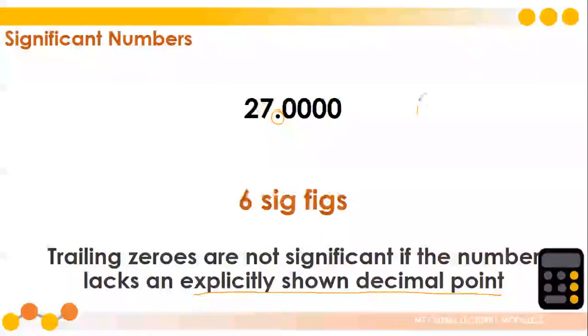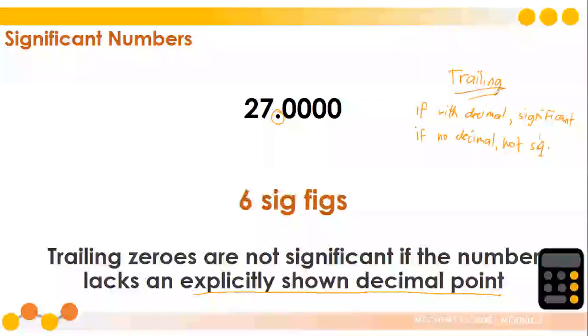So if with decimal, these are significant. If no decimal, these are not significant. These are only for trailing zeros. So we have here 1, 2, 3, 4, 5, and 6.